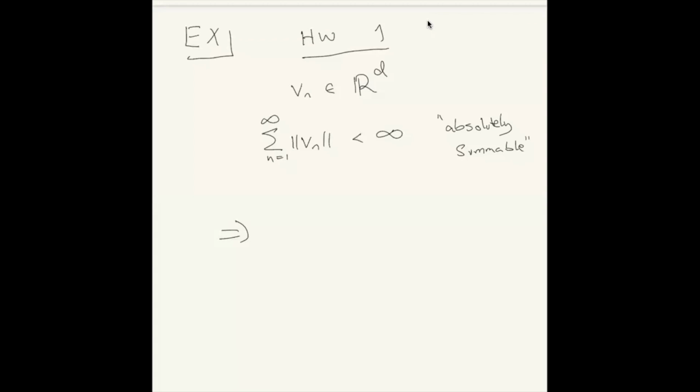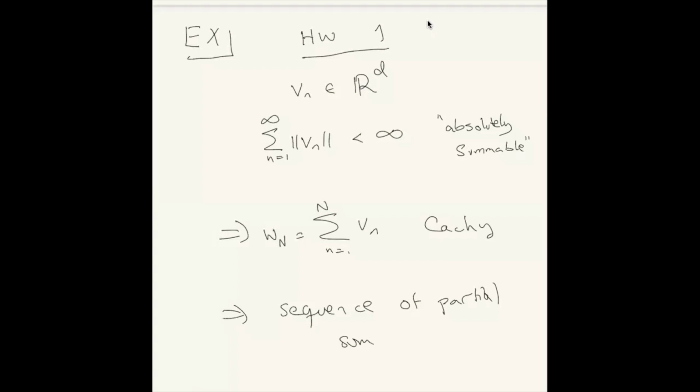Then you proved that the sequence of partial sums, let's call these W_N, the sum of Vn, is Cauchy, and therefore the sequence of partial sums converges, as Rd is complete.